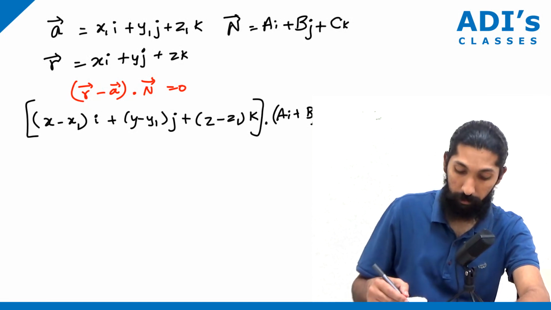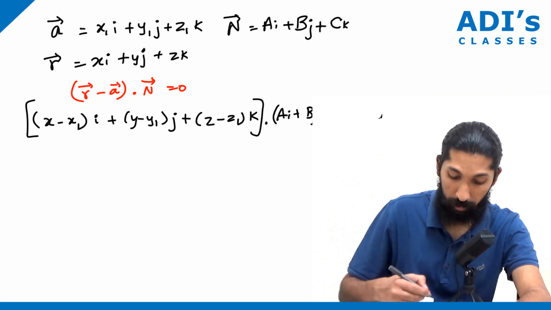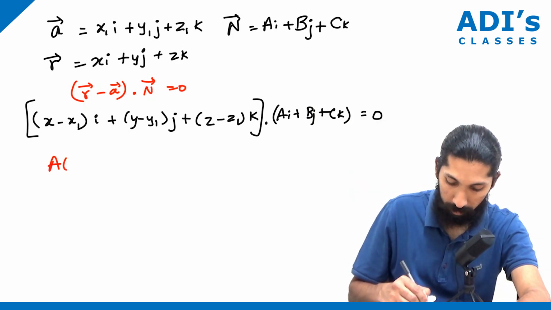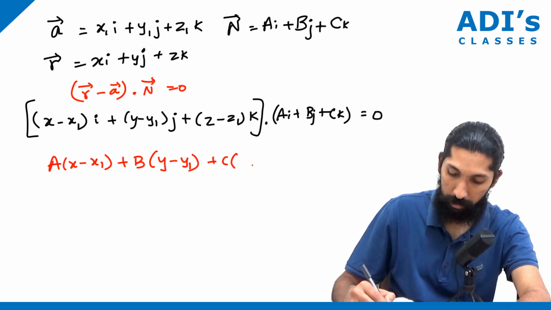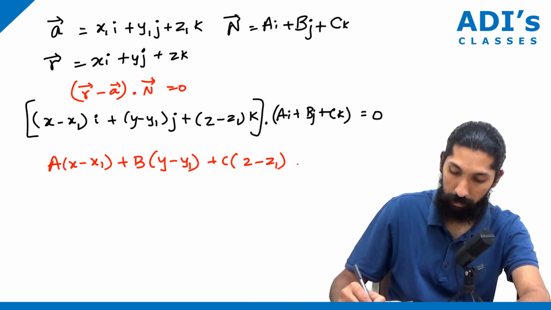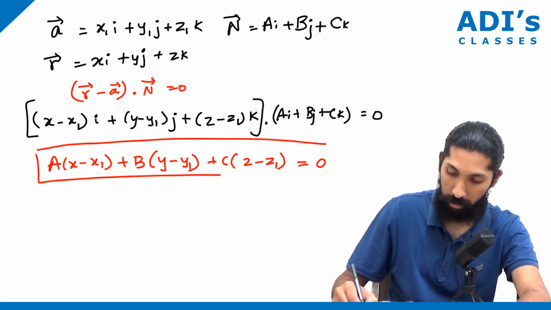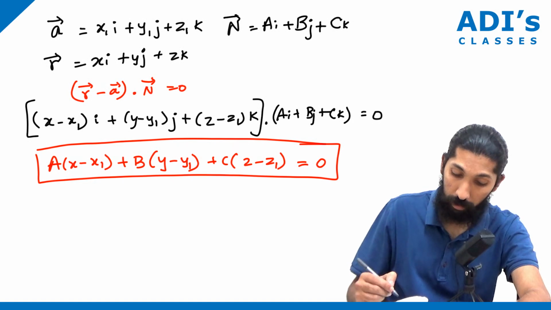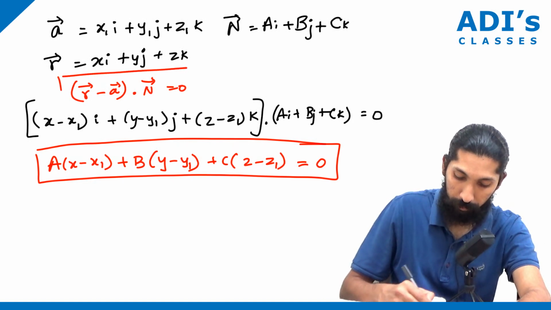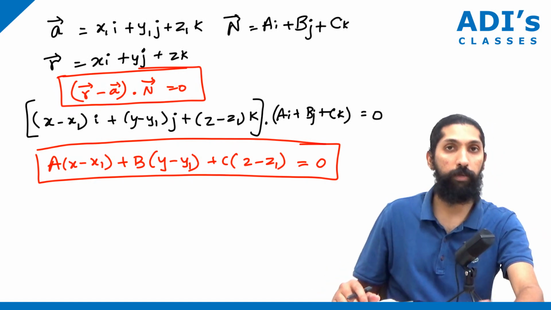Once you apply this, i and i get multiplied, j and j, then k and k. So what we get is A into (x minus x1) plus B into (y minus y1) plus C into (z minus z1) is equal to 0. This gives the equation of the plane in the Cartesian form, and the earlier one is the equation of the plane in the vector form. These are the two equations in the vector and the Cartesian form.